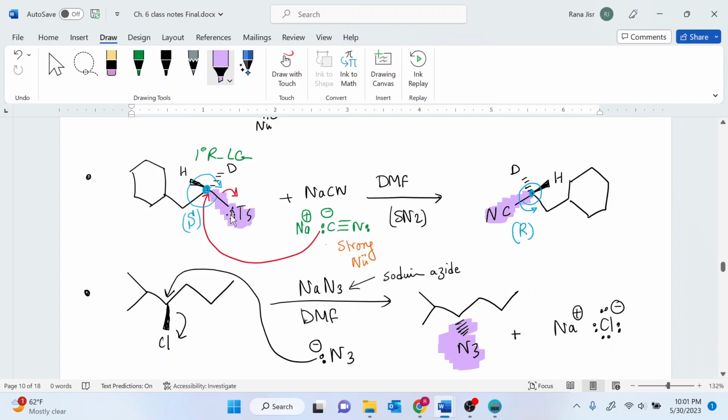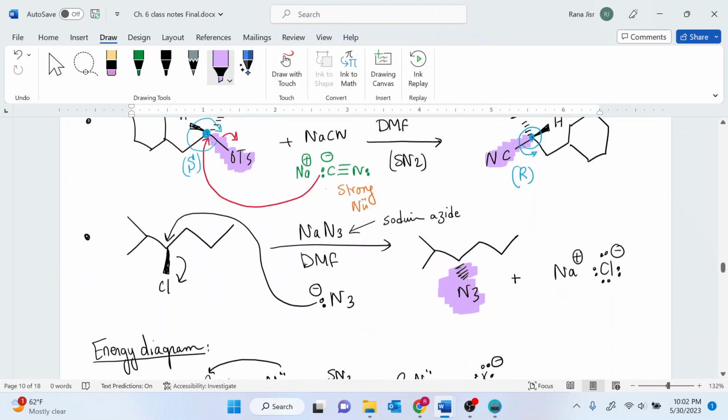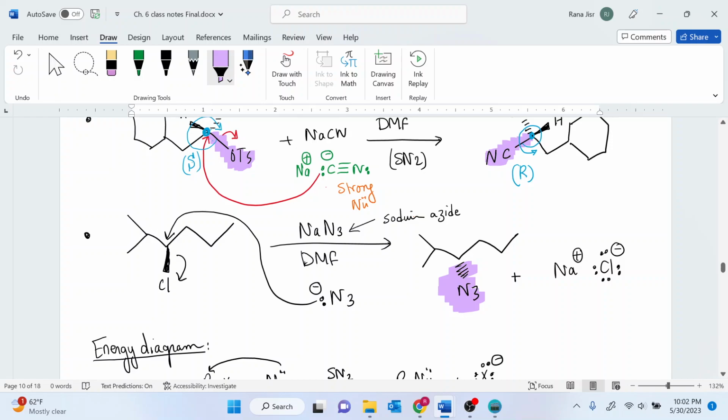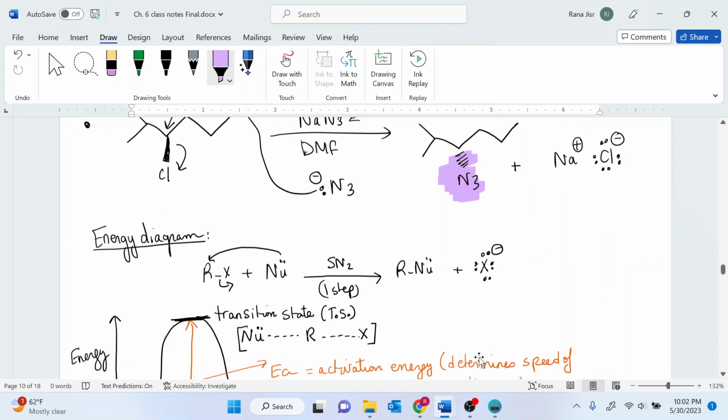So if you're starting with your leaving group on the right, your nucleophile is going to be on the left, but it's going to stay in plane. Here, if it is in front, then your nucleophile is going to attack from the back, and vice versa over here. It's going to proceed by inversion in configuration.